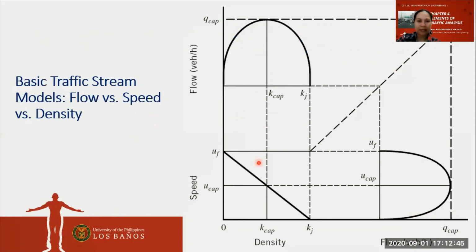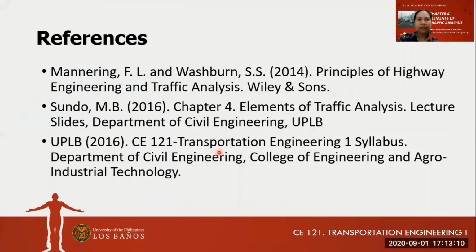So in summary, this graph shows you the relationship of density and speed, flow and speed, and flow and density. So this ends the overview of Chapter 4, Elements of Traffic Analysis. Thank you for listening and see you in the next coming videos.